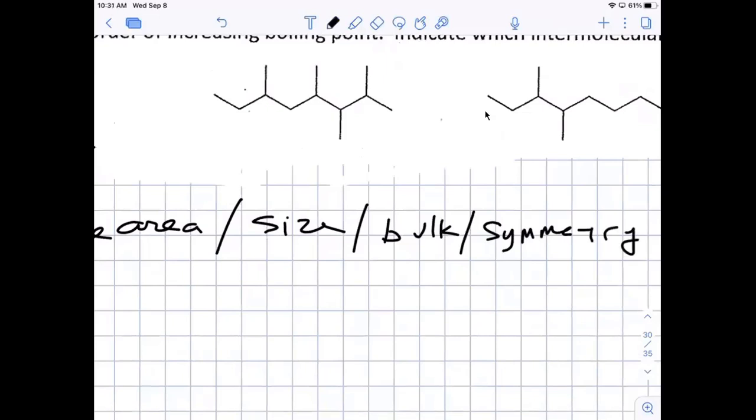Right? So surface area, size, bulk, and symmetry. If you have a lot of symmetry, then those molecules are going to be able to pack tighter. If you don't, then they don't pack as well, and there's a lot of room between them. So you'll see differences in the boiling point and the melting point and things like that, right?